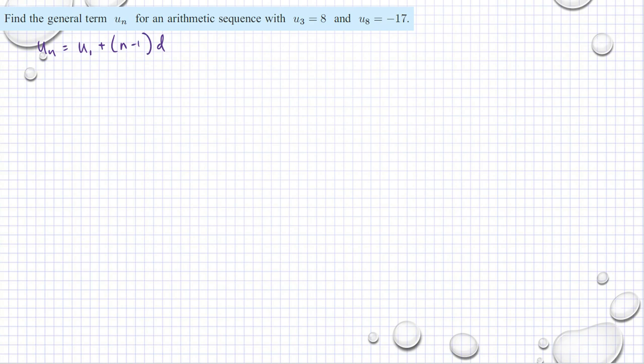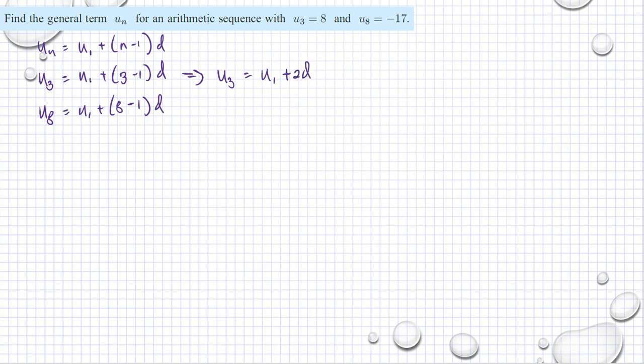So our u sub 3 is equal to u sub 1 plus 3 minus 1 times d, and u sub 8 is equal to u sub 1 plus 8 minus 1 times d. If I simplify this now, u sub 3 is equal to u sub 1 plus 2d, and u sub 8 is equal to u sub 1 plus 7d.